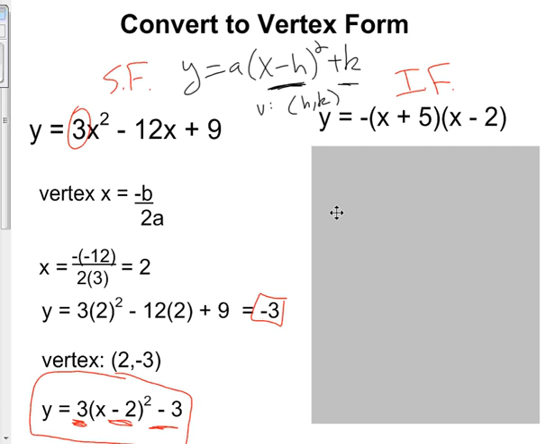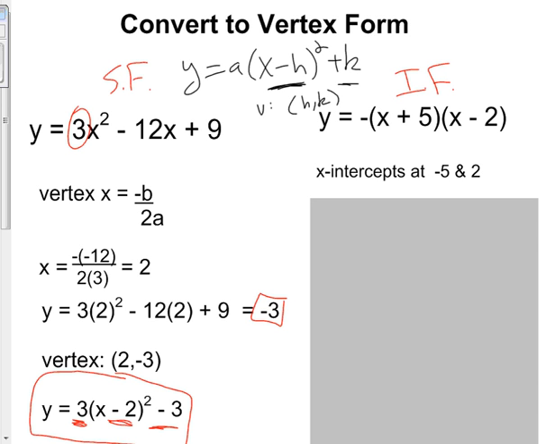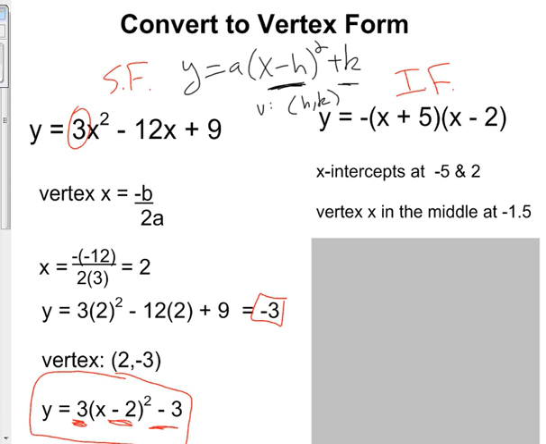If you're given the intercept form equation, you would say, here are the x-intercepts at negative 5 and positive 2. Again, you do the opposite of what's inside the parentheses. And then you just know that the x of the vertex is in the middle of the x-intercepts. So negative 1.5 is directly between negative 5 and 2.